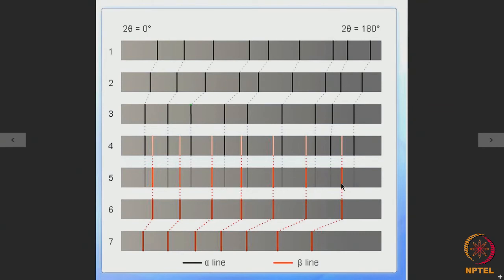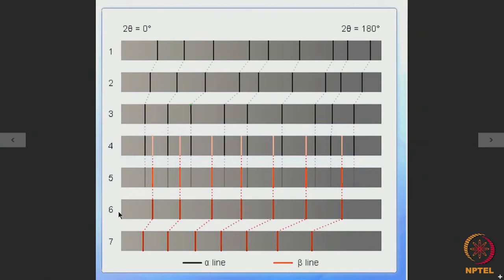And what about the alpha? Alpha lines are much weaker in this particular case. So you see that when we reach the alloy number 6, practically alpha has fully vanished. So we will have only the beta lines. So these are only the beta lines for alloy number 6.